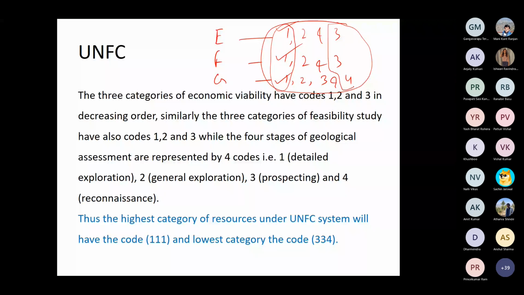That's why I have written that the highest category of resources under UNFC system will have the code 111, and the lowest category of the code will be 3, 3, 4. This is how we can represent the mineral resource in terms of UNFC.